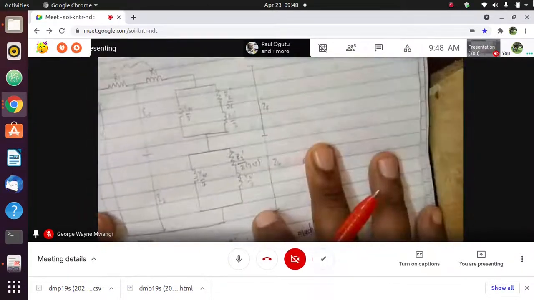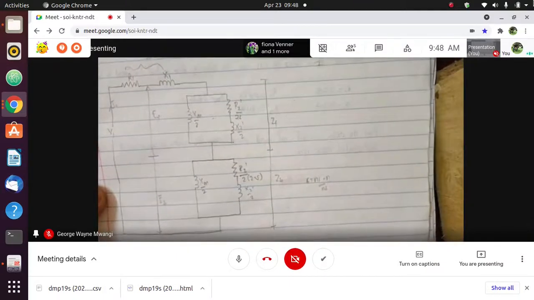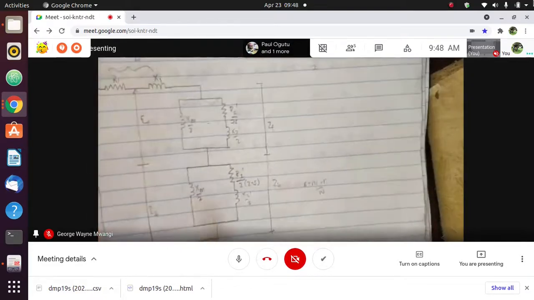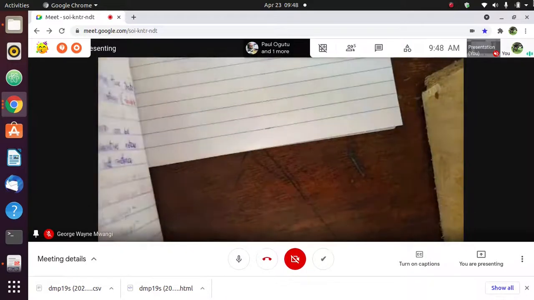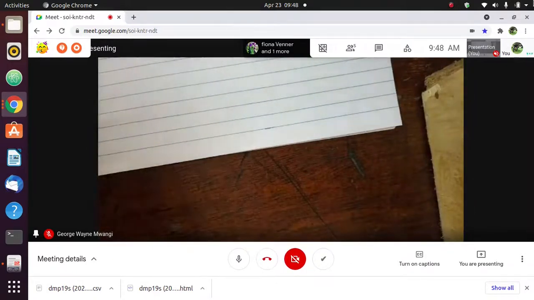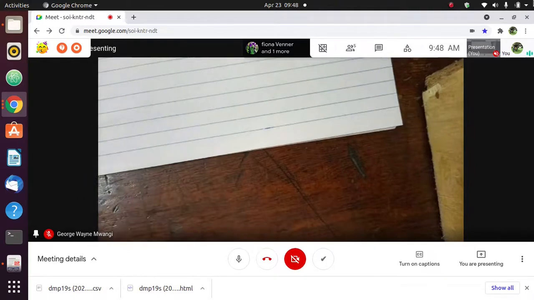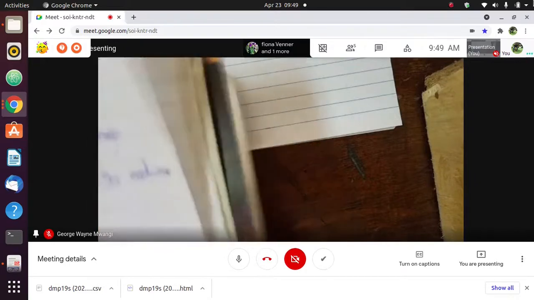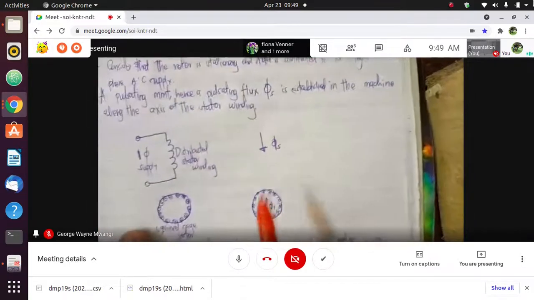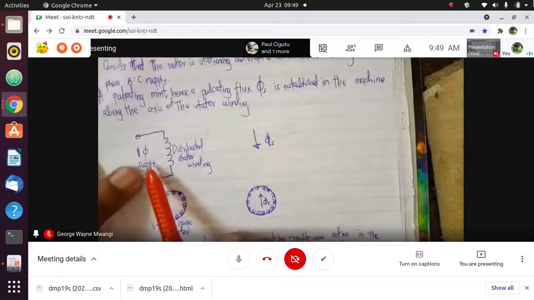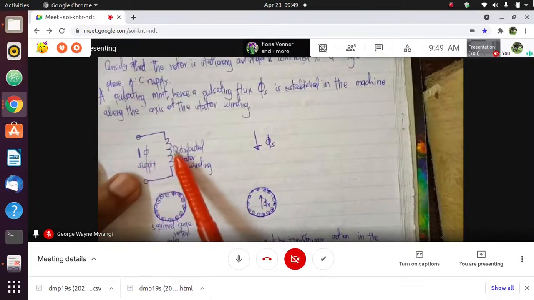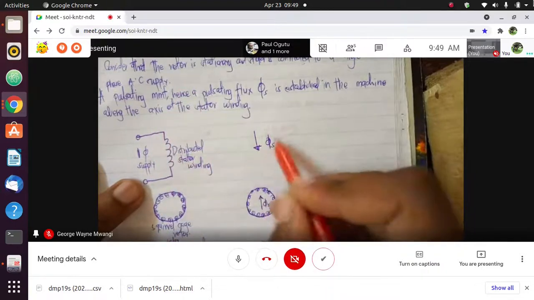have a single phase motor, you will find that the stator flux, the rotating field produced by the single phase supply to the stator windings, pulsates. Once you connect this stator winding to the single phase supply, it produces a flux which is pulsating.